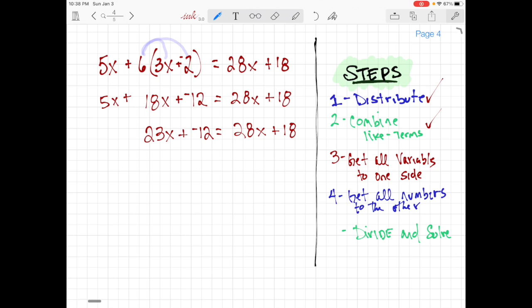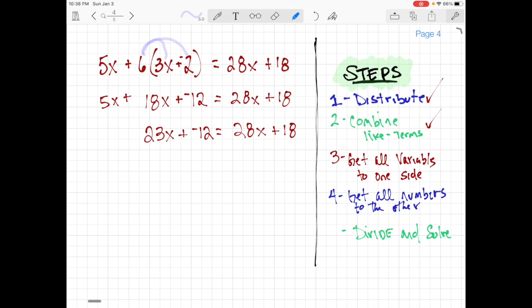So the next thing we got to do is get all the variables to one side. So we need to move either this 23x over here or the 28x to the other side. So I'm going to move everything to the side with the biggest amount of x, so that's over here. So I'm going to move this 23 over here.